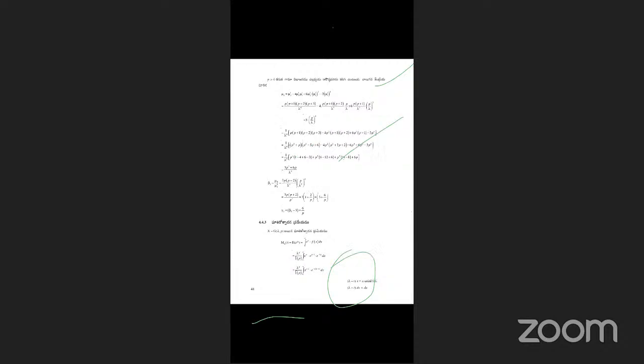We know that. So if we assume lambda equal to 1, why? Because mean is p by lambda and variance is p by lambda square. If lambda equal to 1, 1 square is also 1. Then mean is p.